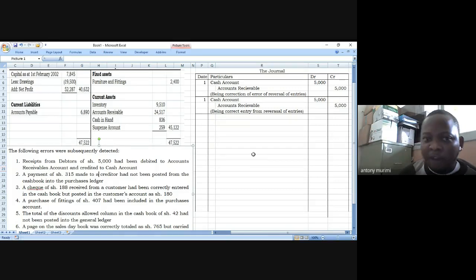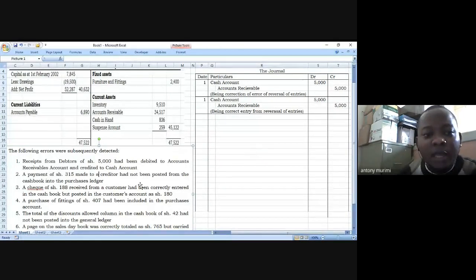And you do remember in our first class, in our second class, we classified the ledger into 3 classes. We had the general ledger, the purchases ledger, and the sales ledger. In the purchases ledger, we said this is where all the creditors' accounts are maintained.